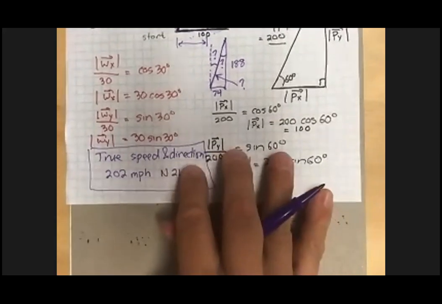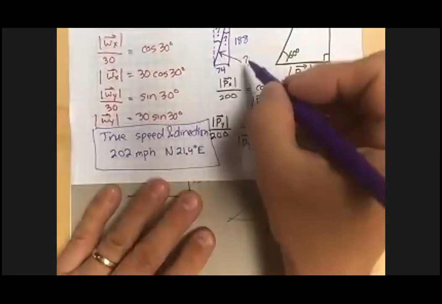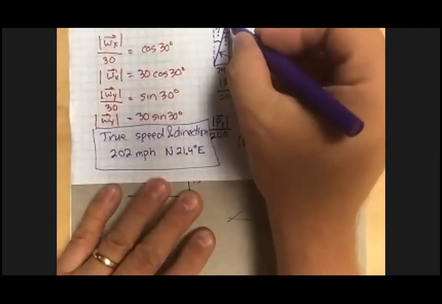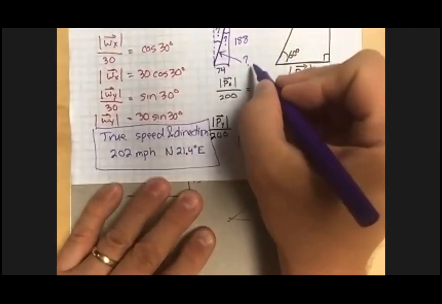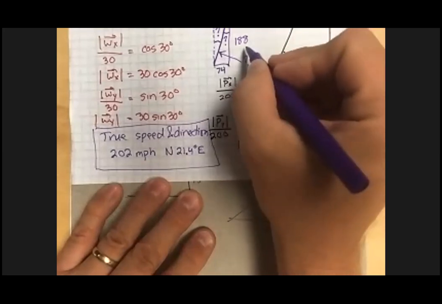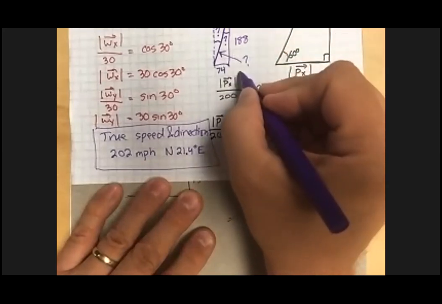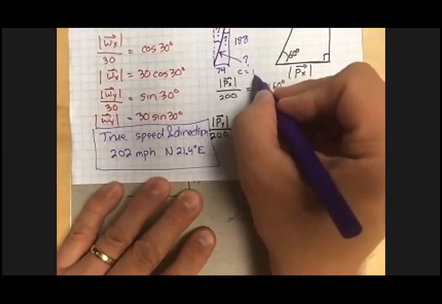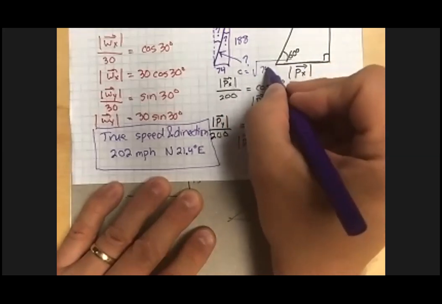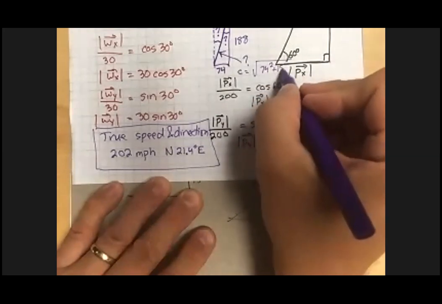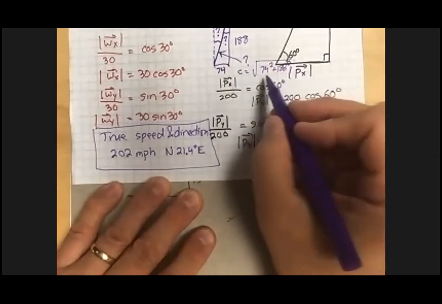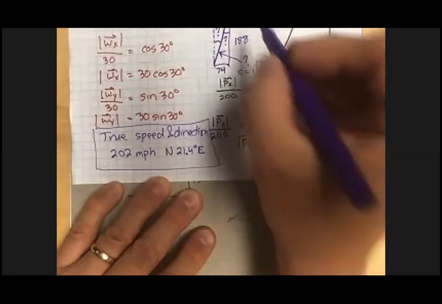So let me say, why did I square this? The length of this side right here is the hypotenuse of this right triangle. So let's call that length C. I'm thinking square root of 74 squared plus 188 squared. I am going to use the Pythagorean theorem.